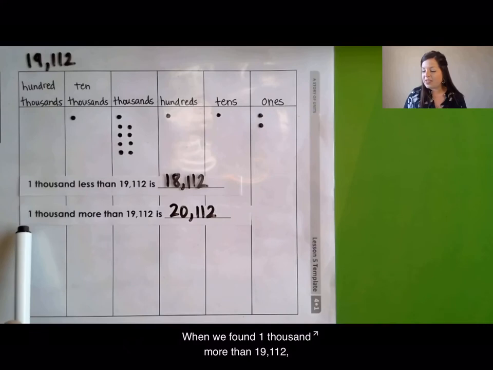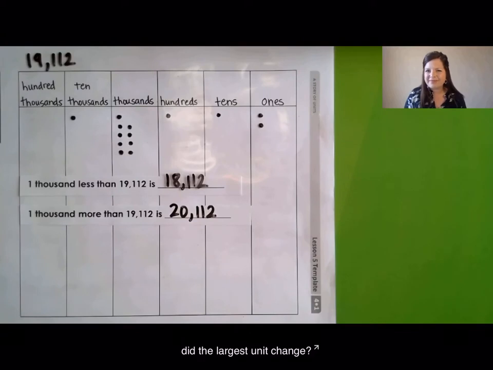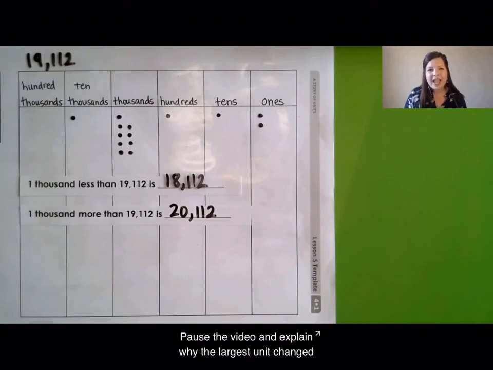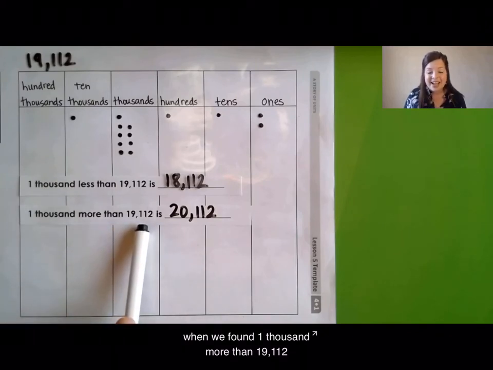When we found 1,000 more than 19,112, did the largest unit change? Yes, the largest unit changed. Pause the video and explain why the largest unit changed when we found 1,000 more than 19,112.